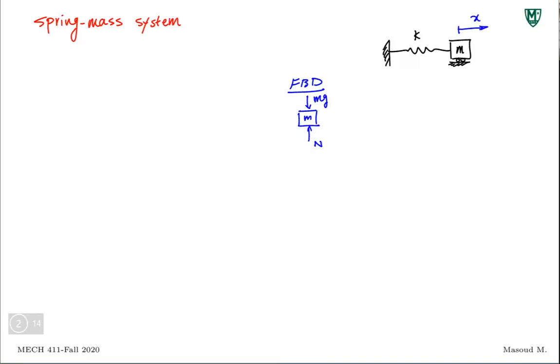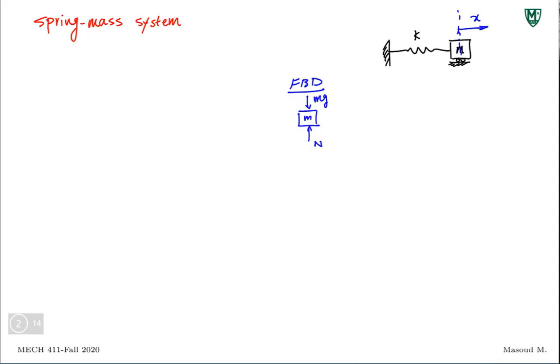Now, I'm going to consider the motion to the right as the direction of the motion. This is an assumption. You always have to make an assumption about which direction the system is moving. In this case, I assume that it's going to the right. If it's going to the right, the spring is trying to pull the mass back to its equilibrium point. This is the equilibrium point.